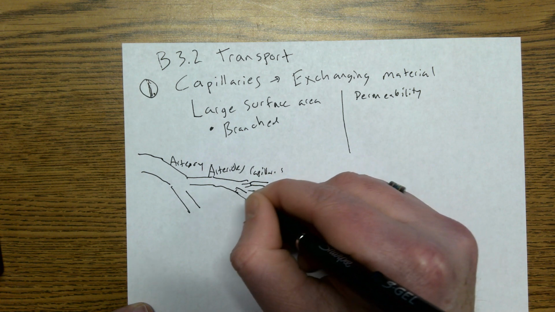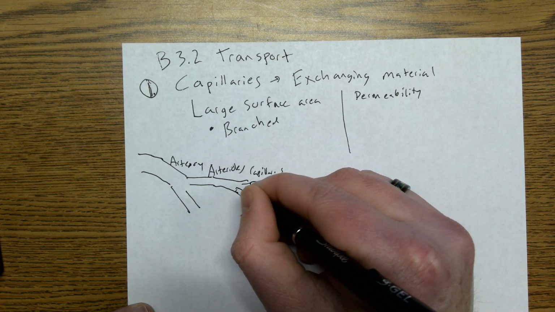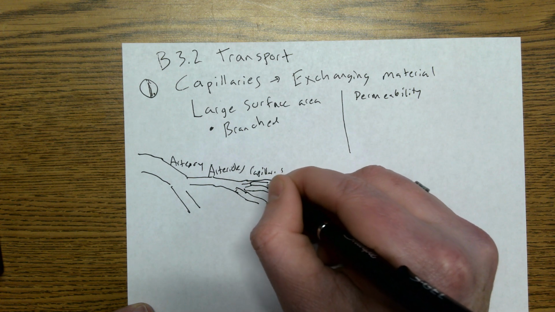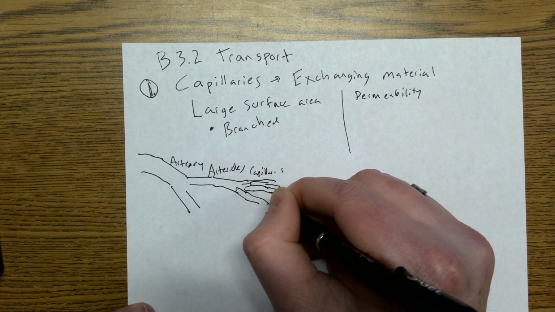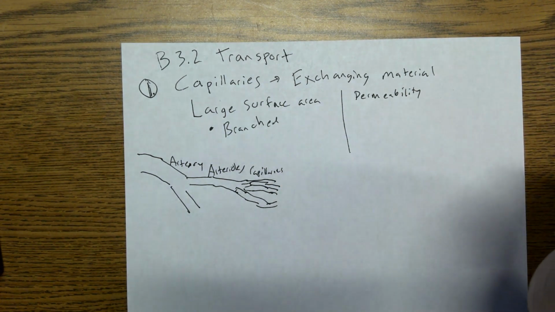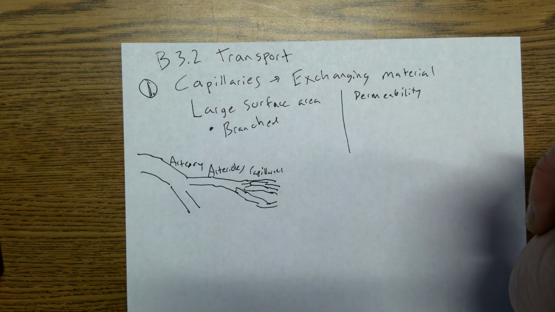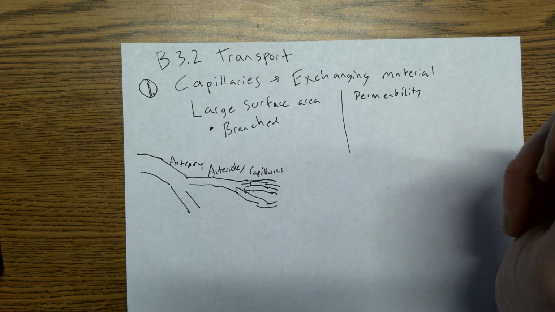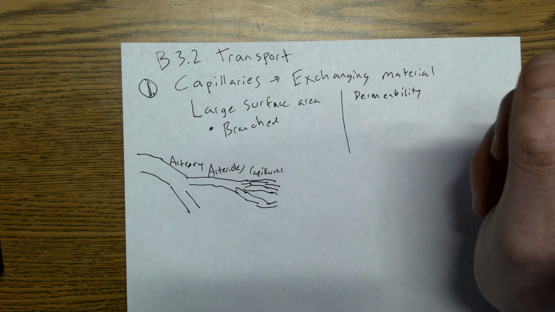So then you get your tiny little capillaries. Okay, so you get your capillaries, and these are what we're talking about. So you see all the branches, that increases the surface area.